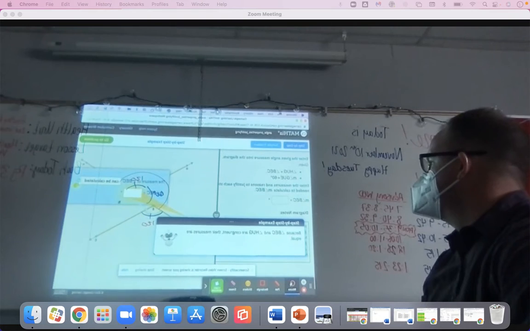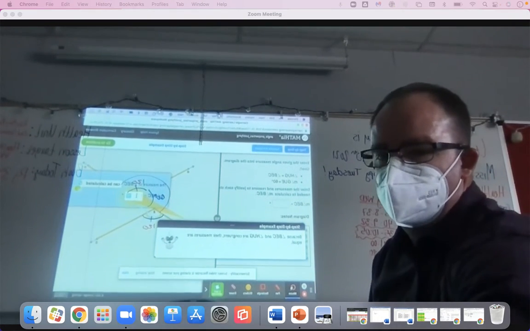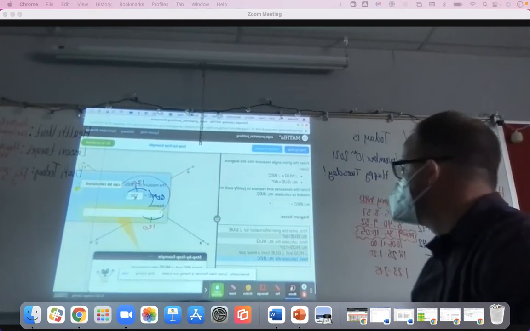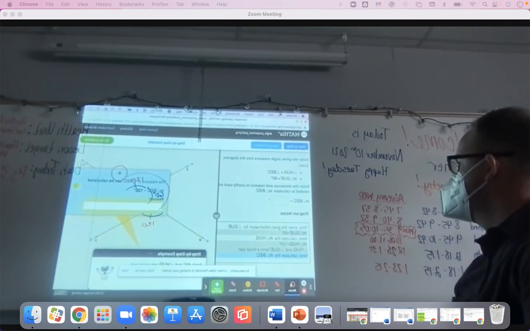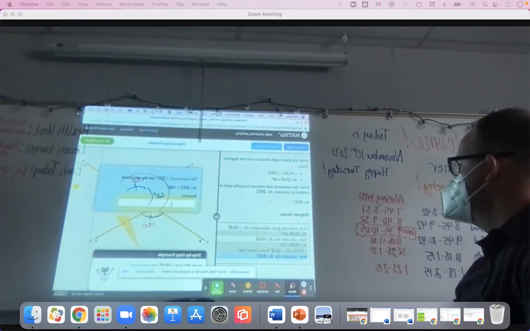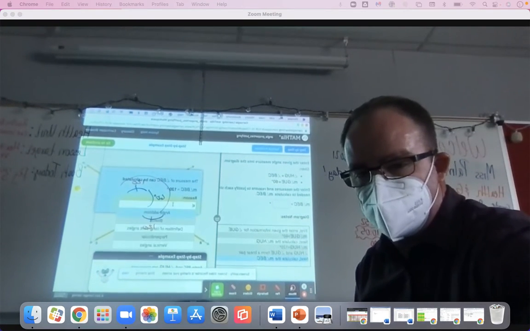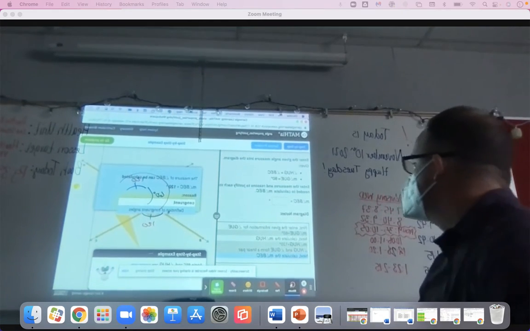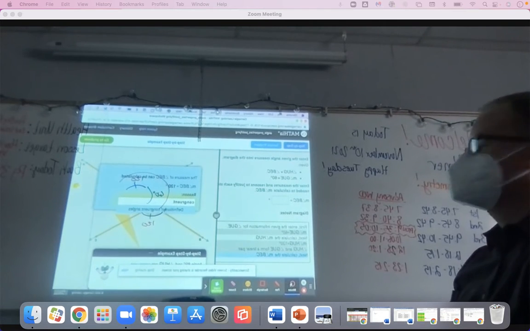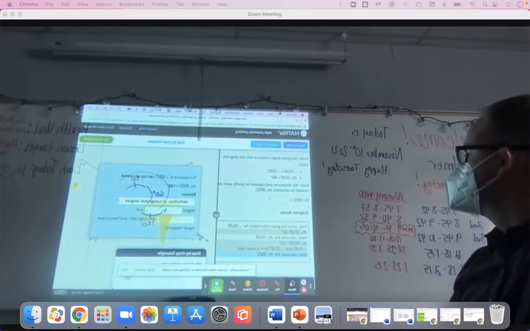We calculated it. We knew that it was 120 degrees because we were told that it was congruent. So the reason that we can say that this one down here is 120 is because of the definition of congruent angles. If I just put in the word congruent, see how the definition of congruent angles popped up, I can select that.